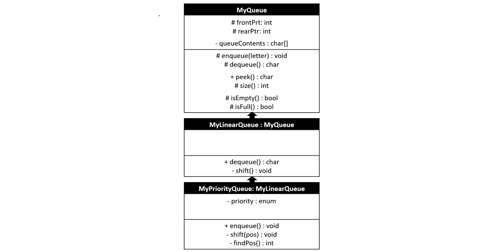The priority queue is going to have everything that a linear queue has, which already has everything that my queue has. So we've got all of the attributes and methods of the my queue class inside the my priority queue, and we've also got the methods that are in my linear queue inside there as well, and we've got our own attribute indicating the priority.